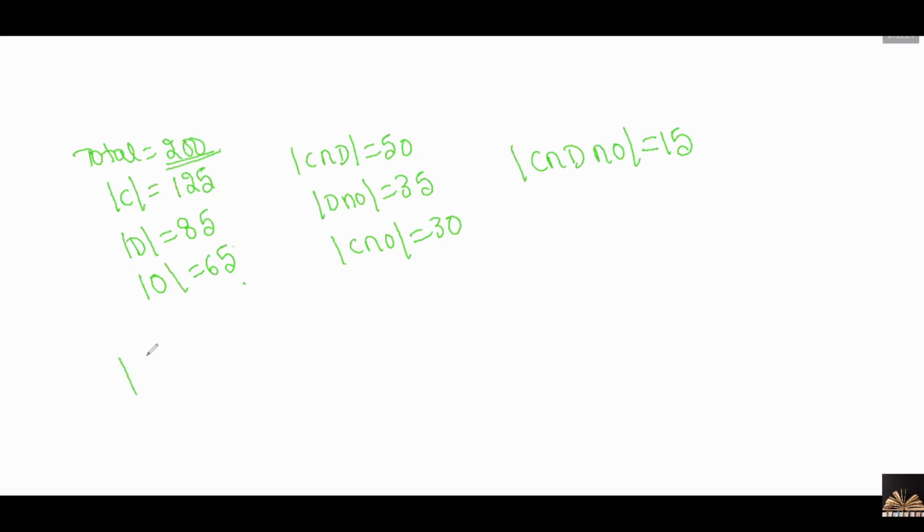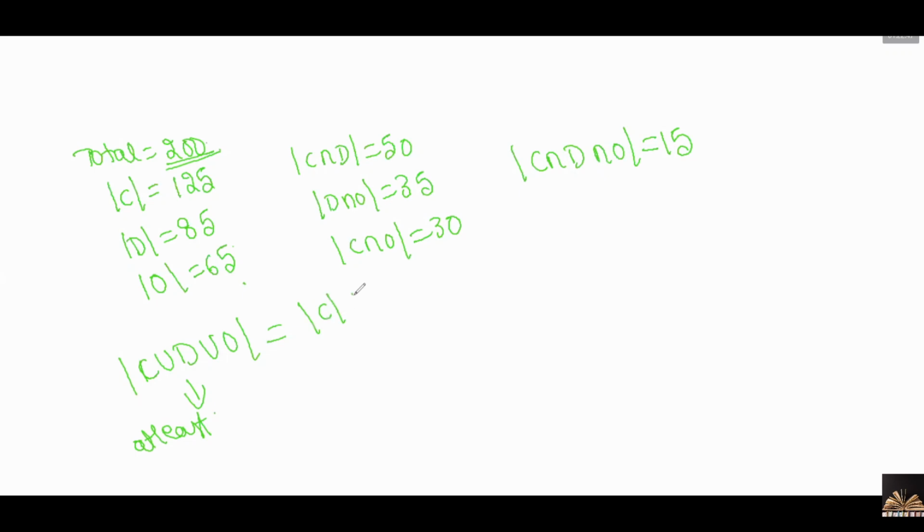Therefore, we first calculate the number of students who have taken at least one course, that is C union D union O. If we subtract this from the total, we will get the number of students who haven't taken any course.